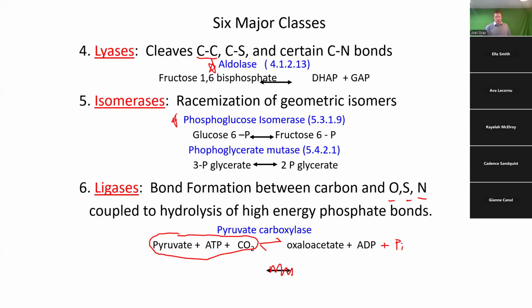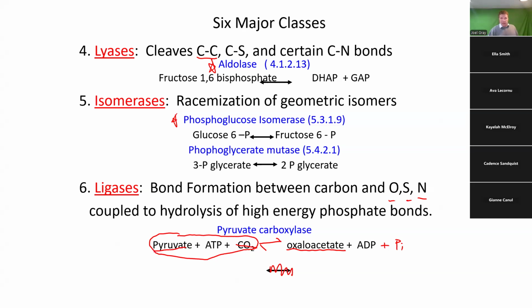I leave Pi off just because I need it to be my trigger reminder sort of thing. This molecule oxaloacetate is essentially pyruvate plus CO2. Now, in order for that CO2 to be added to pyruvate, you have to hydrolyze ATP in order to drive that reaction.